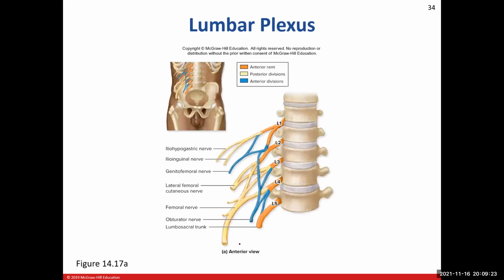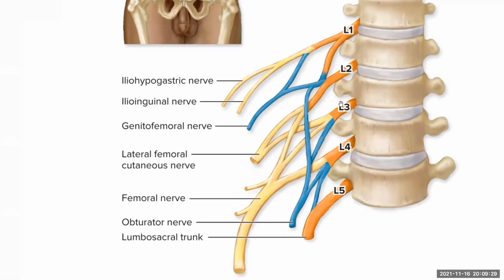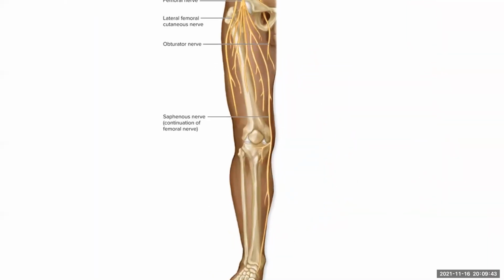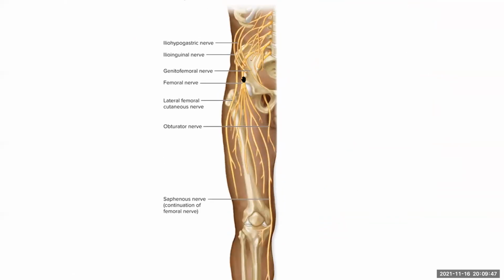All right, so here you can see the lumbar plexus. Okay, L1, L2, L3, L4. And you'll see how we will give rise to our femoral nerve here, and then also our obturator nerve. And now if we zoom in, you'll notice the femoral nerve here branches out and covers most of the anterior portion here of your thigh.